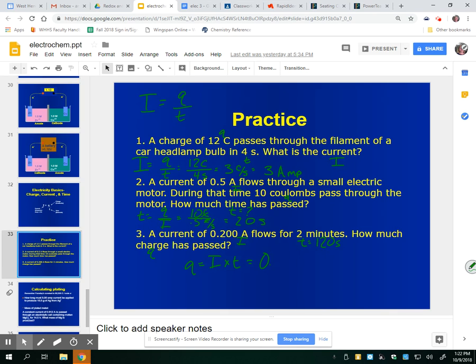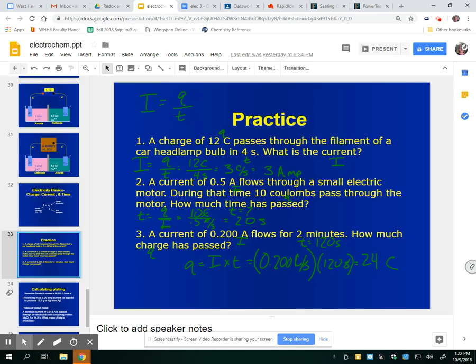And so that is 0.200 amps, which is a coulomb per second, times 120 seconds is going to give me coulombs, and actually 24 coulombs. All right, that's the basics of working with this equation and solving for the different variables.